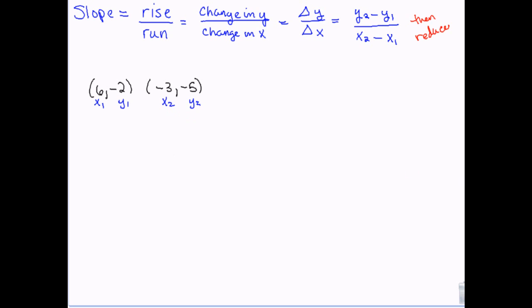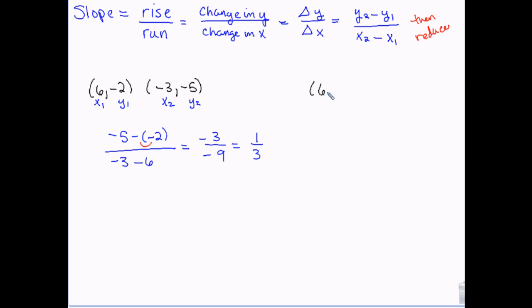It does not actually matter, and I'll prove it to you. If I do -5 minus -2 over -3 minus 6, minus negative is happy, so it's positive. So that's -5 plus 2, which makes it -3, and that's -9, and that's positive 1/3.